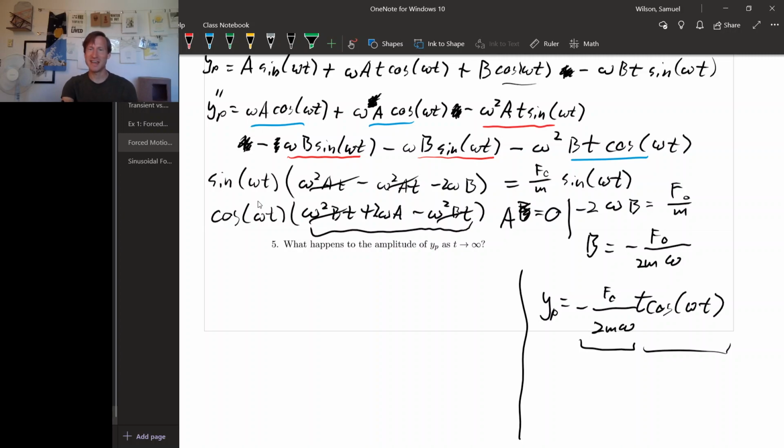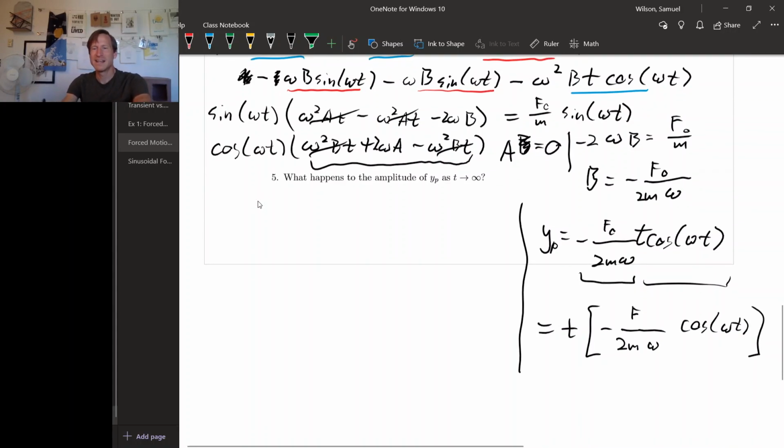Okay, so what happens to the amplitude of this particular solution as t goes to infinity? Well, we can rewrite this particular solution as t times minus f over 2m omega times cosine omega t. And when we do that, the amplitude of the stuff in brackets is minus f over 2m omega, right?